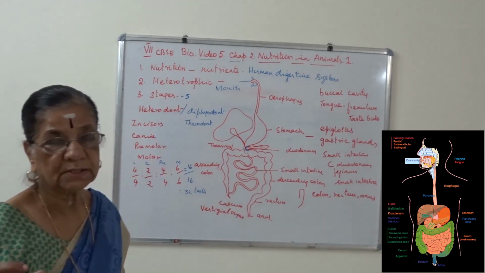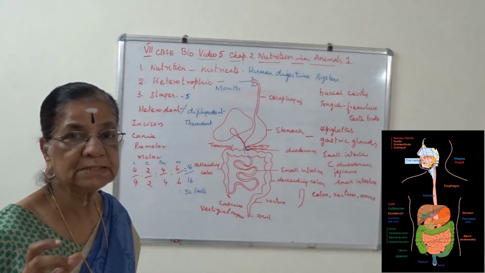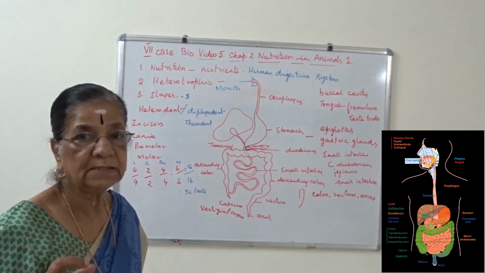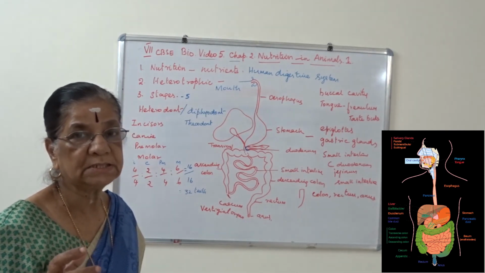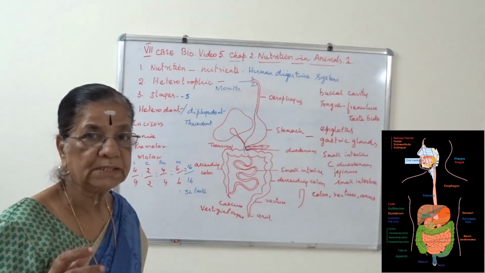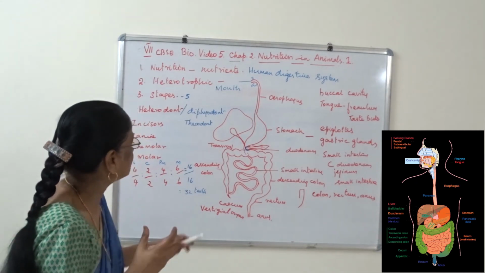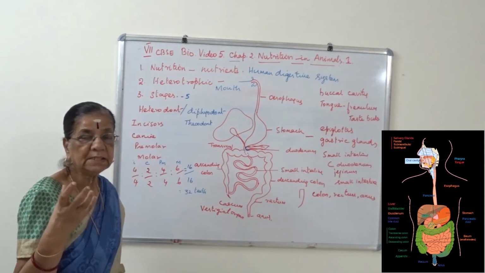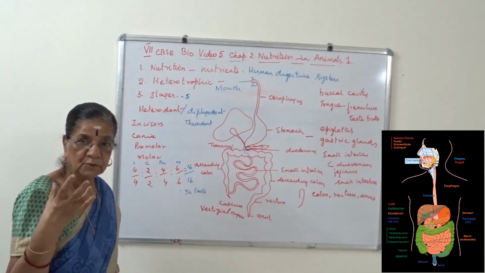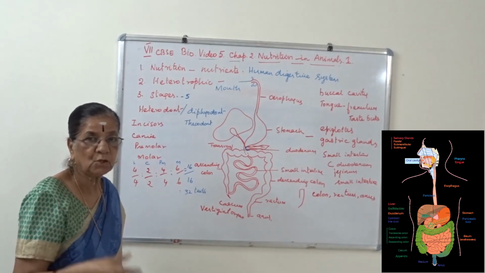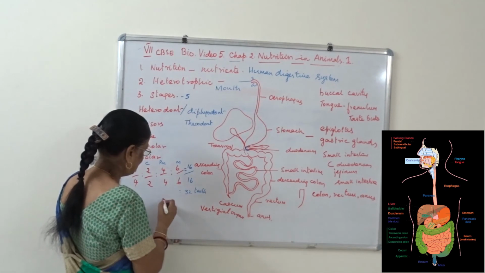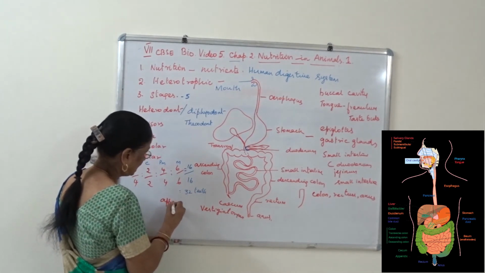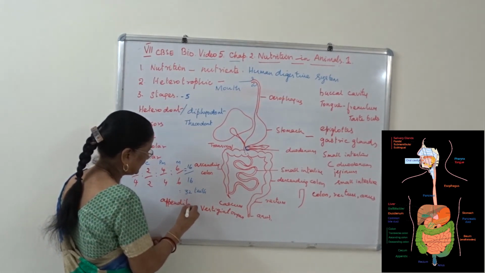The cecum is a blind pouch at the beginning of the large intestine. I hope you are listening. When the cecum becomes inflamed due to accumulation of fluid, the person will suffer from a condition called appendicitis.